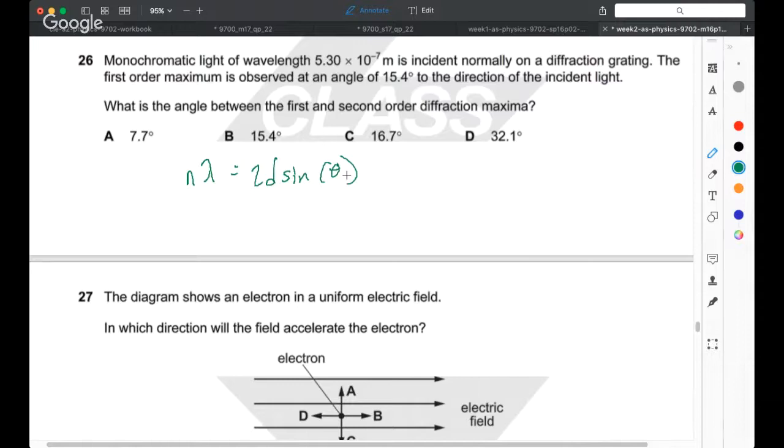Which value do you have here? So you have the wavelength and you have the angle, with the angle of the first fraction, or the first order maxima. So you have theta and wavelength. You need D and N. This is called the Bragg equation.